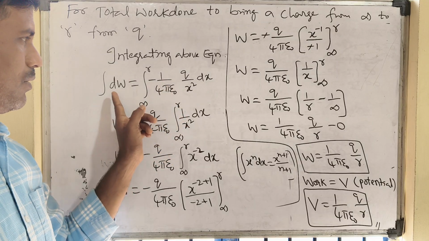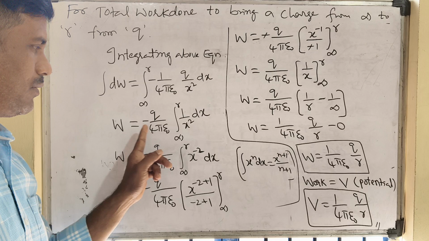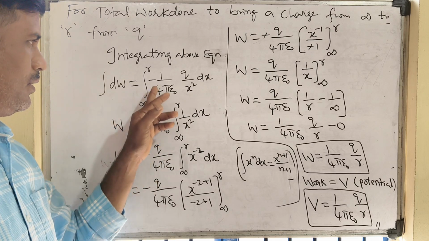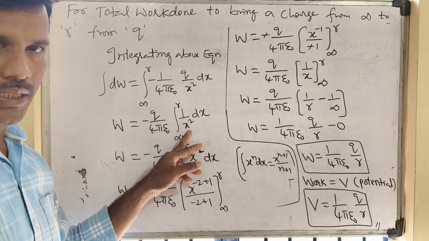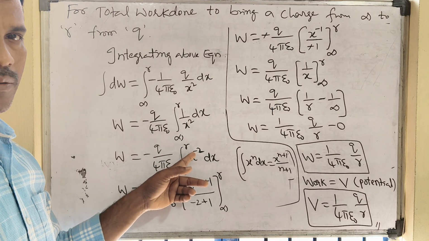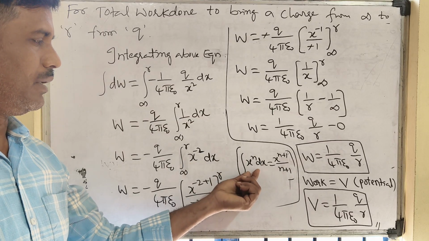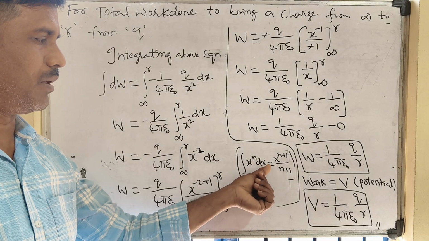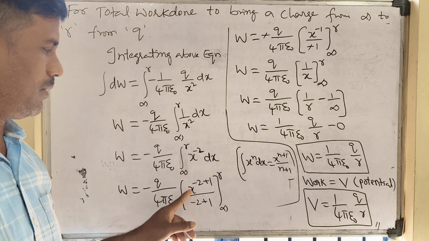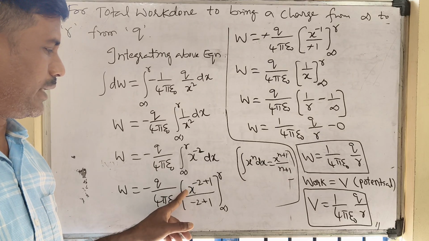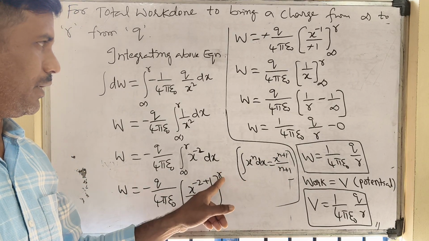The minus moves outside the integration, and q and 1 by 4 pi epsilon are constants, so we take them outside. Only the integration of 1 by x square into dx remains. The denominator x power minus 2 goes to the numerator as x power minus 2 into dx. We know the formula: integration of x power n into dx is x power n plus 1 by n plus 1. Here n is minus 2, so x power minus 2 plus 1 by minus 2 plus 1, from infinity to r.